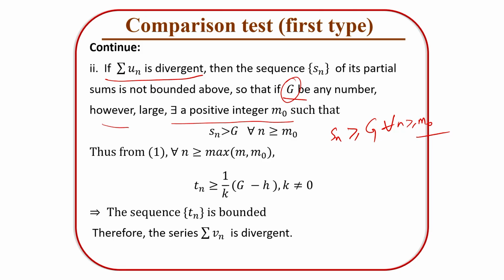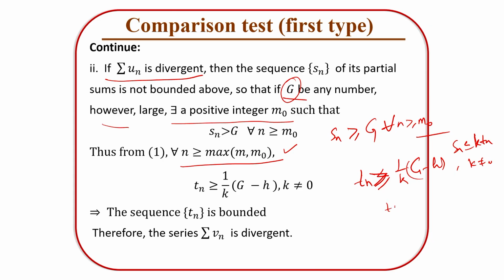So from n, choose the maximum of m and m0, and then we have Sn less than k into Tn plus h. So Tn is greater than or equal to 1 by k into (G minus h), where k is not equal to 0, right.